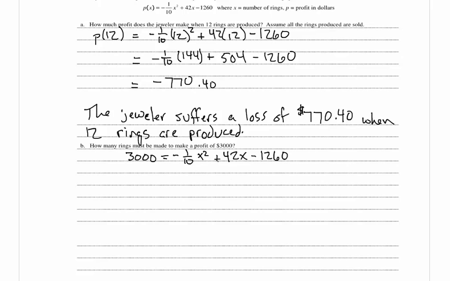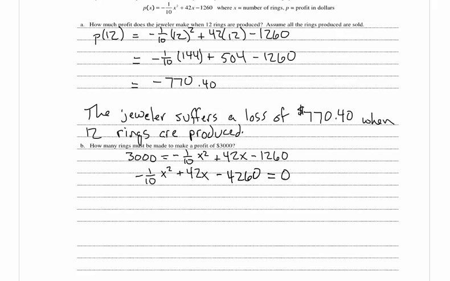And now we're going to solve for x. We're going to subtract 3,000 from both sides first, so we can say that negative 1 over 10 x squared plus 42x, and then we have negative 1260 minus 3,000 is negative 4260. And now this is equal to 0.